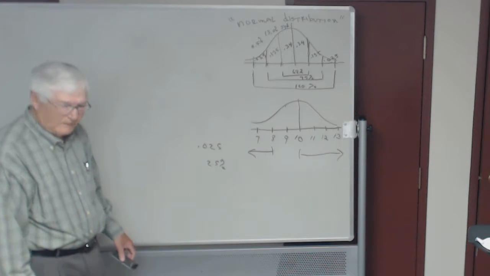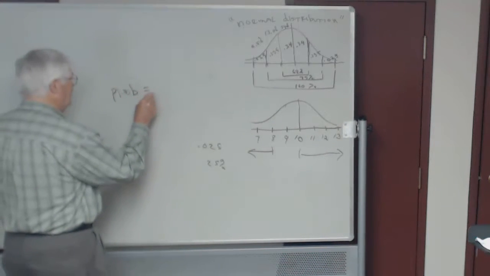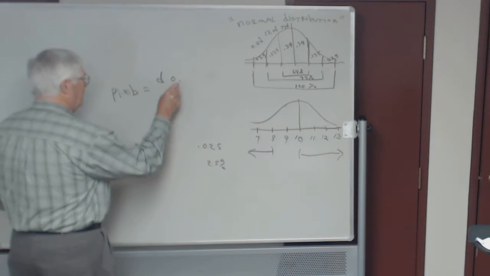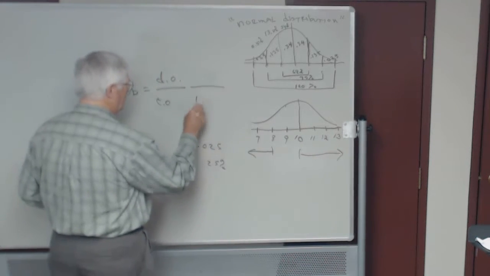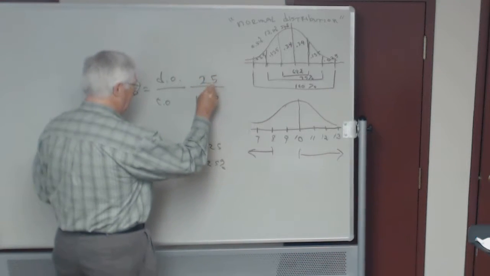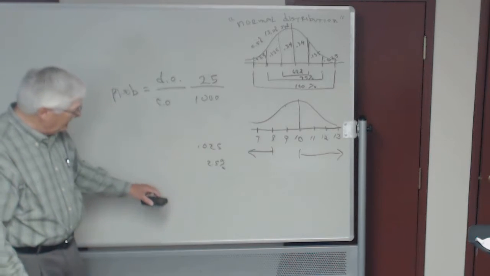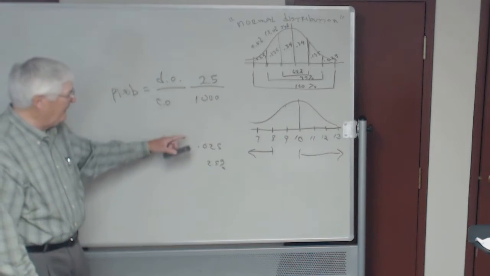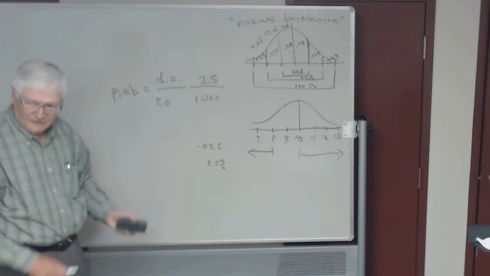See, remember probability means desired outcomes over total outcomes. The total outcomes would be 1,000 and the number desired is 25. 25 out of 1,000. But if they said what percent is that, that would be 2.5%.